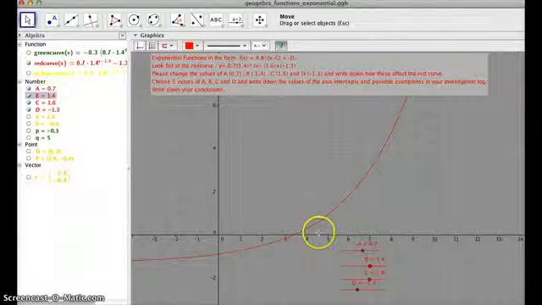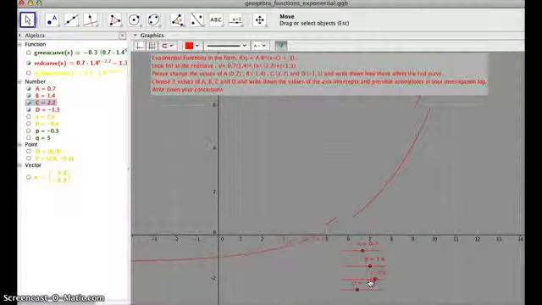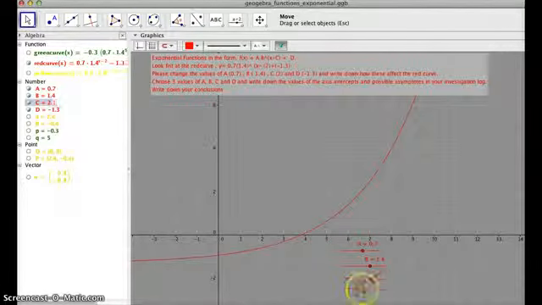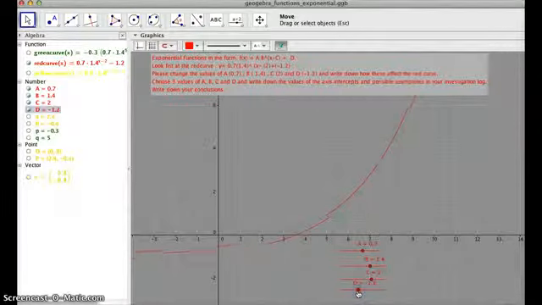So increasing, decreasing. Now c is going to be easier for us to adjust. We can see that the whole thing moves horizontally, and d is also very easy, the whole thing moves up and down.